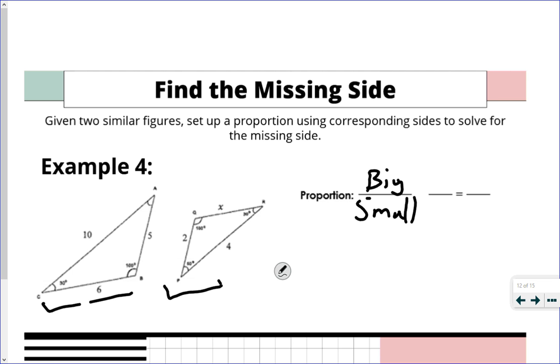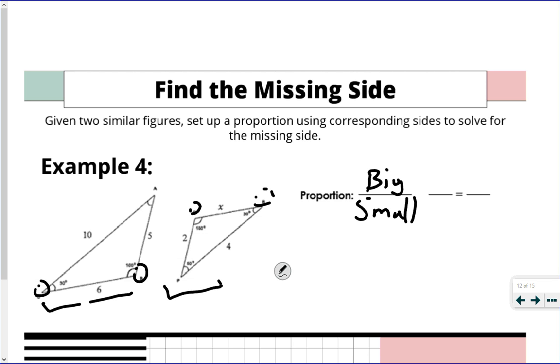Otherwise, you'll just be finding the ratio of the two, and you won't be able to find the x. So we know that the x corresponds to these 2 angles, which are equal to this angle and this angle. So we want to make sure that this is one of our sides.